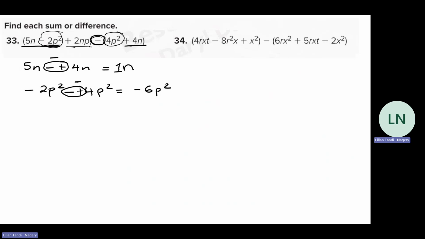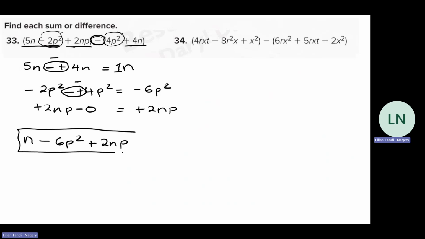Then we need to find this. It doesn't have a friend here. So positive 2np minus 0 is still positive 2np. Then you write your answer, n, because this is 1, we don't write it. And then minus 6p squared plus 2np. And you box your answer.